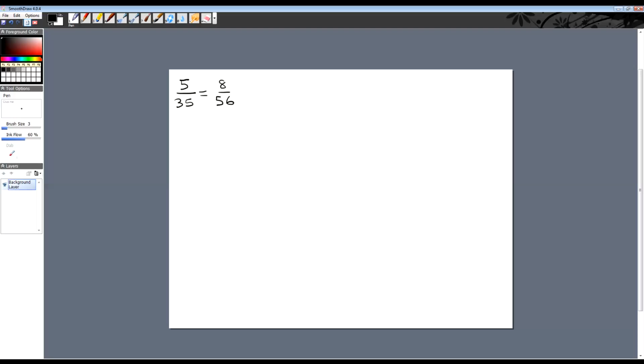How do we determine whether or not this is equivalent? A cross product would take the numerator of this fraction and multiply it by the denominator of this fraction. So 5 times 56, where we're looking to see if 5 times 56 is the same as 8 times 35.